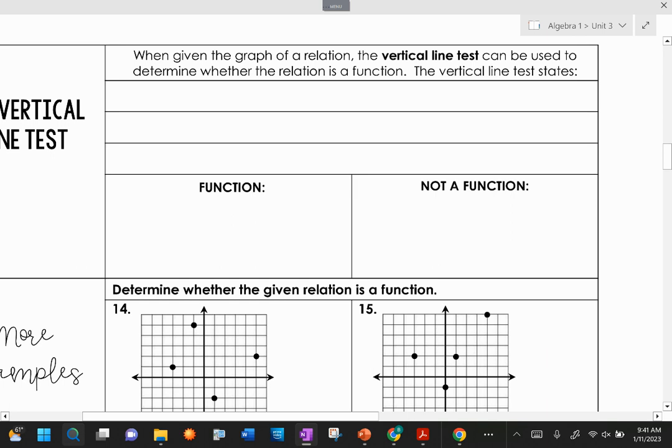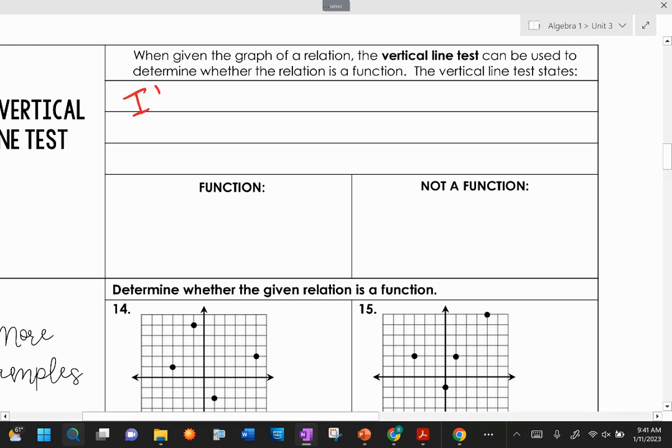All right. Please go to the back. Vertical line test. As easy as the front page was, this might be easier. Yeah, true story. Okay, so the vertical line test is, for lack of a better group of words, literally exactly what it says.